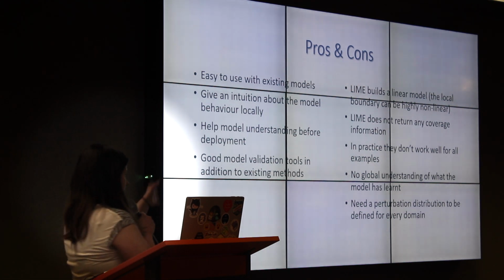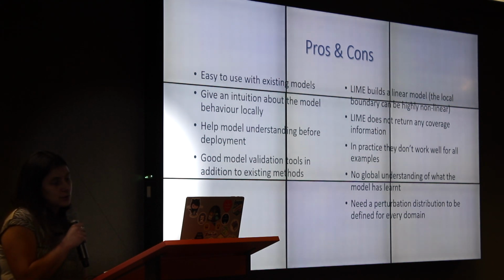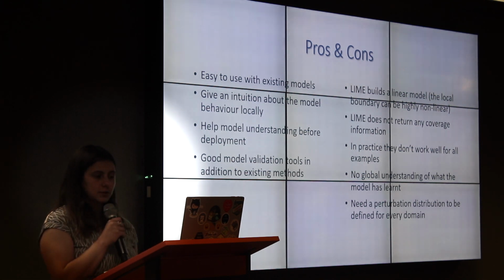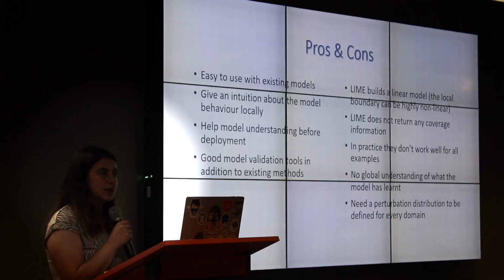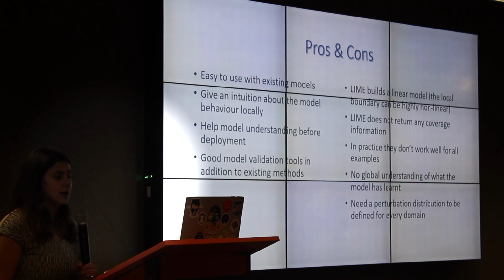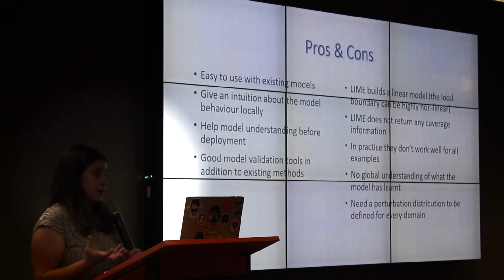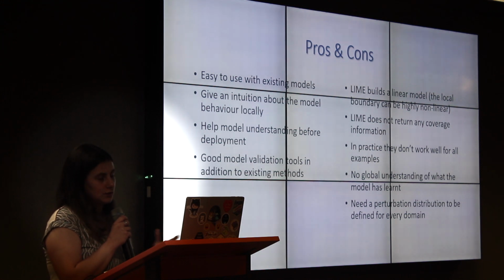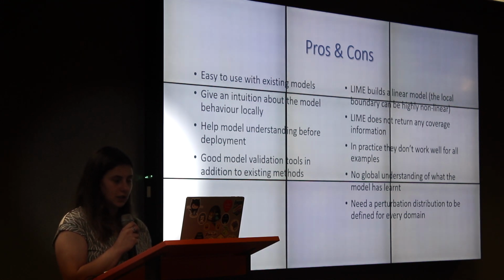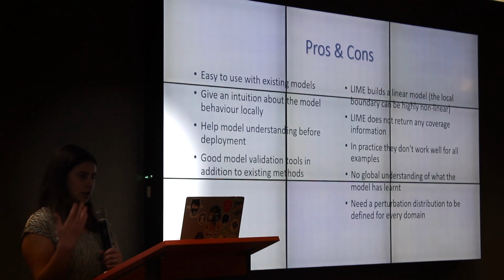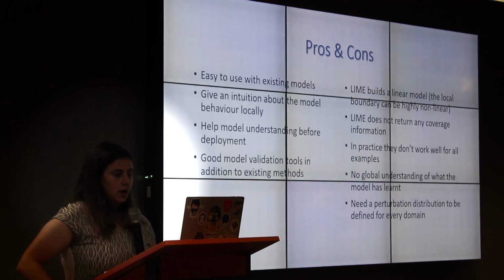Cons for LIME is that it does build a linear model, and the local boundary can be highly nonlinear, especially in very complex problems. It does not return any coverage information, while Anchor does. It can be very hard to interpret in a lot of cases, but it does give you something you can compare between different examples and potentially build your own baseline.